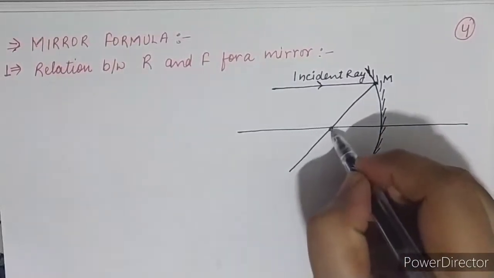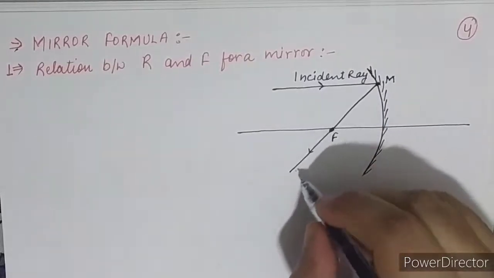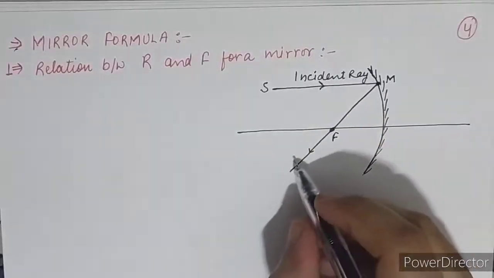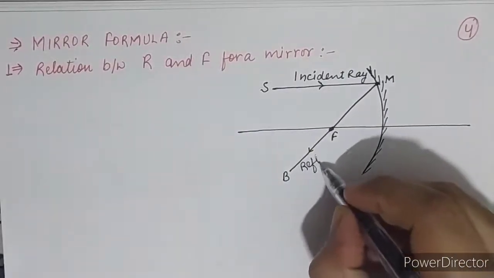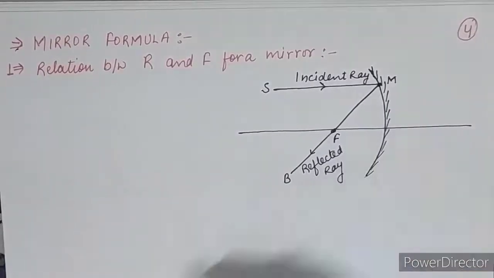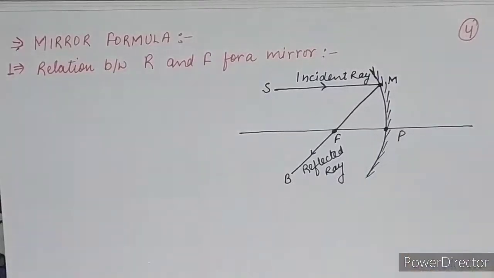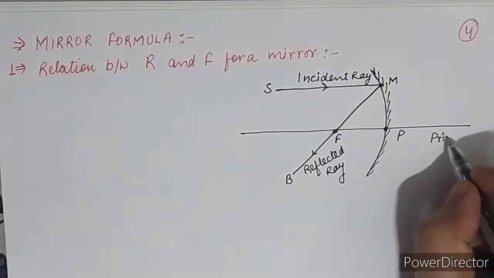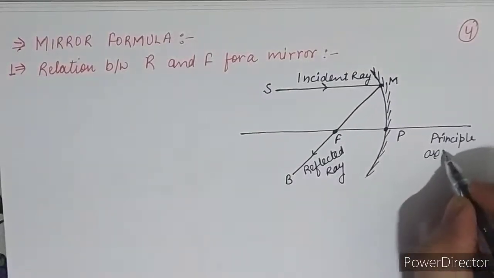This is the focus point F, and this is the source S. After reflection it goes to B, and this is the reflected ray. And here it is your pole P.